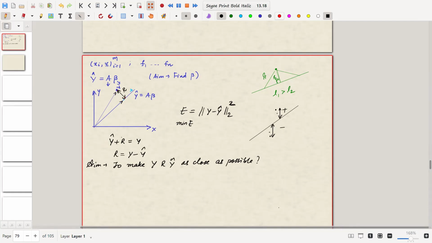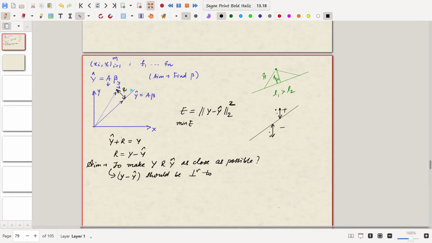So it should be perpendicular. To make this as close as possible, y minus y cap should be perpendicular. Careful, there are two things, y and y cap.